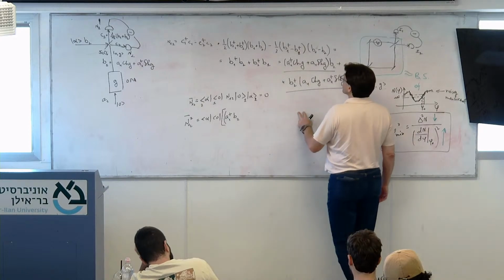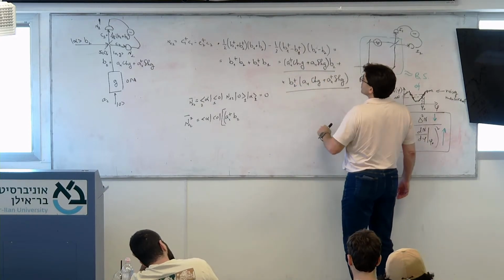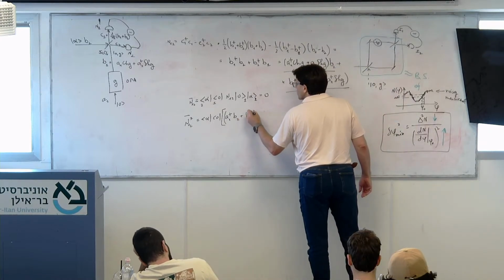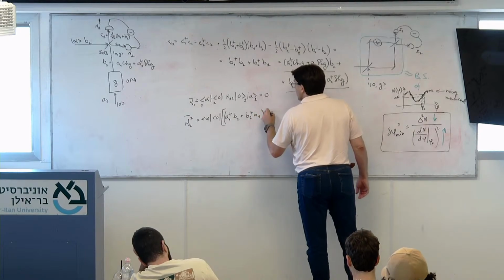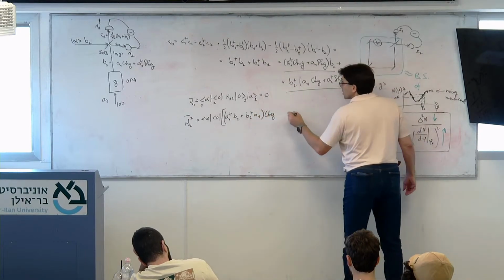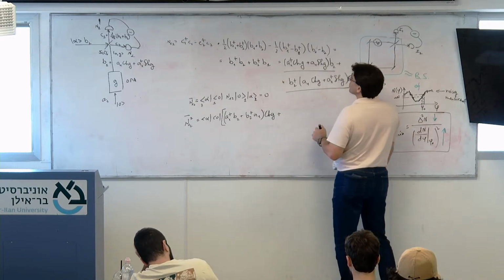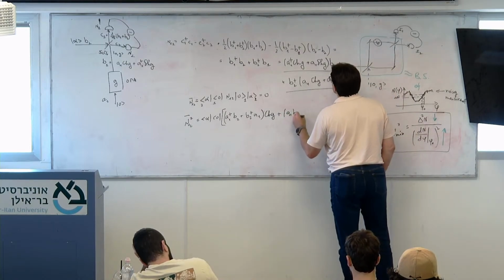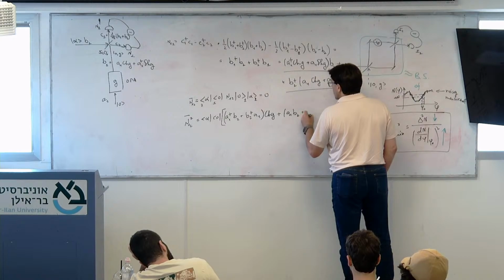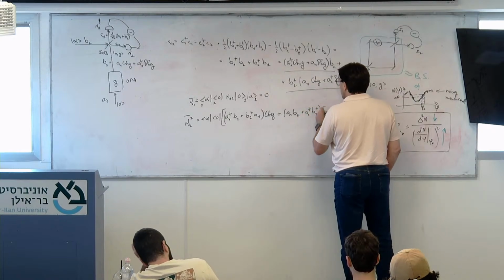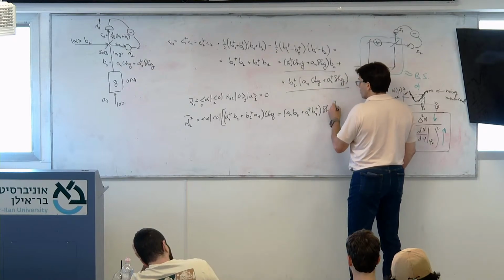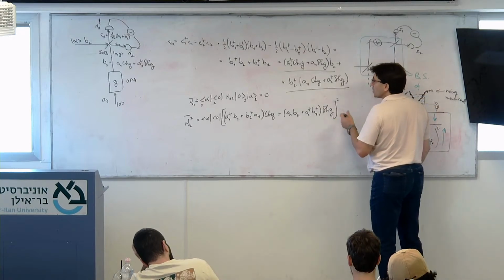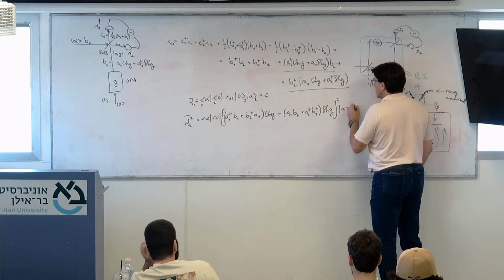So this hyperbolic cosine we get from this and this. So plus B2 dagger A1, this hyperbolic cosine G, and then plus A1 B2 plus A1 dagger B2 dagger hyperbolic sine G, and all that is going to be squared. And that operates on alpha and vacuum again.